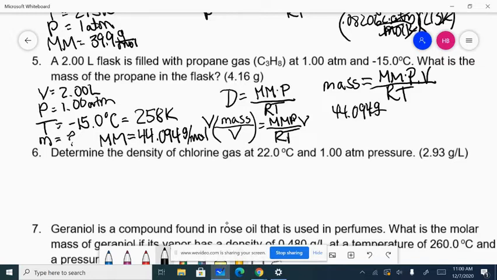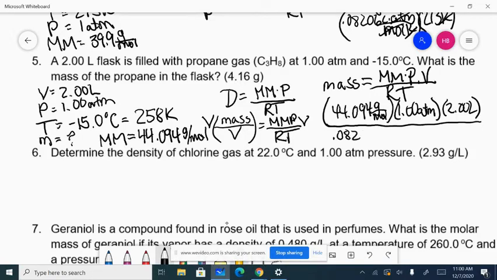44.094, 1 atmosphere, 2 liters, over R T. K's cancel, liters cancel, atmospheres cancel, moles cancel, and I'll be left with units of grams.